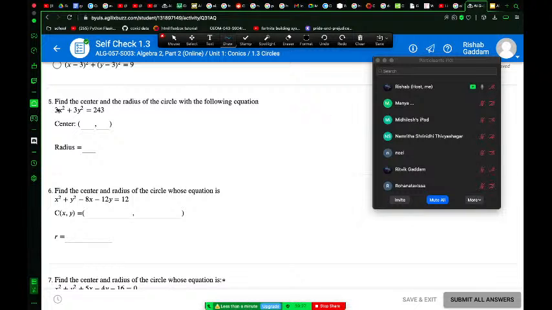Okay, Manya, can you do this one? Yeah, one second. Are you solving it? Can you tell us what you're doing while you're solving it?